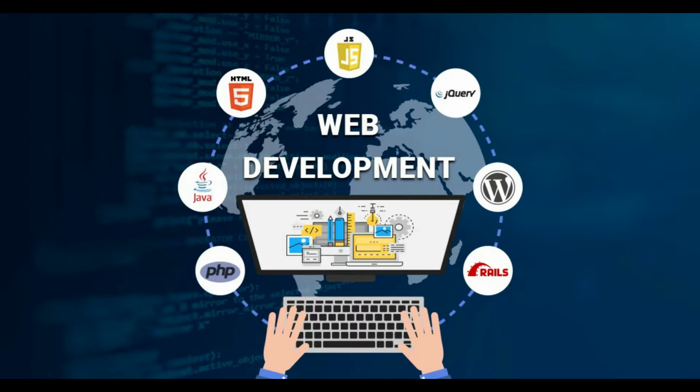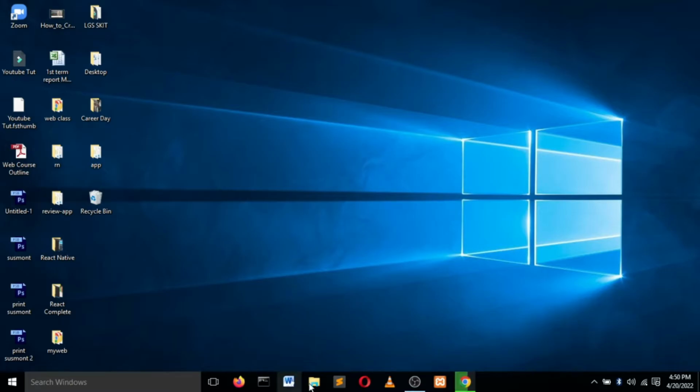So once you have a browser on your system, the next thing is to get a text editor. A text editor is basically used to write your code. There are different text editors out there that help us to code faster.